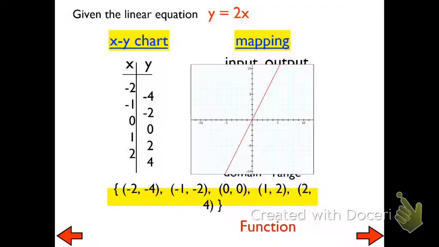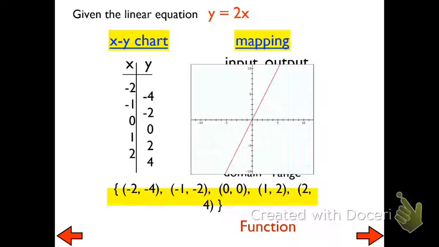Now, last week when we did this PowerPoint, we saw that y equals 2x is a function. Every x has just one y. If I push -2, I know I'm going to get candy bar -4. If I push -1, I know I'm going to get candy bar -2, and so on. Now, the new piece of information here is, what does it make when we draw the graph?